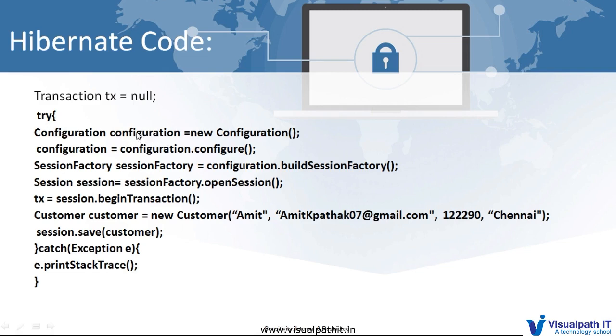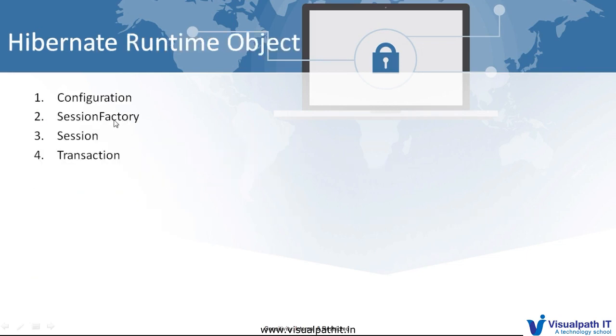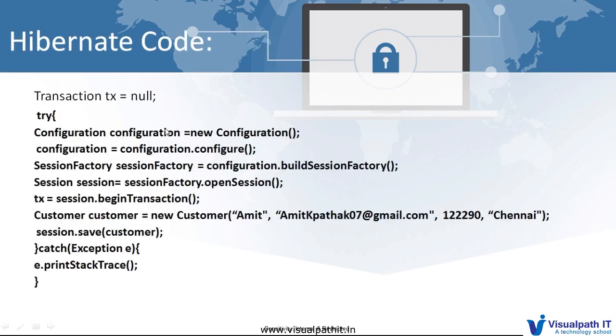So here configuration is the class. We are calling configuration equal to new configuration, and through that the configuration object is created. After that, through that configuration object, we are calling the configure method. Here some operation will happen; we will explain after the lab how the life cycle goes and what the configure method is doing.